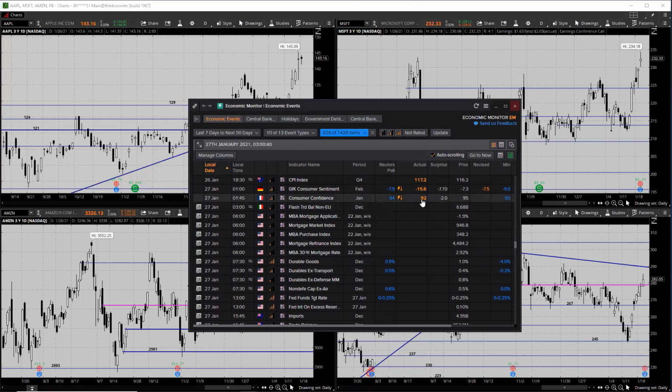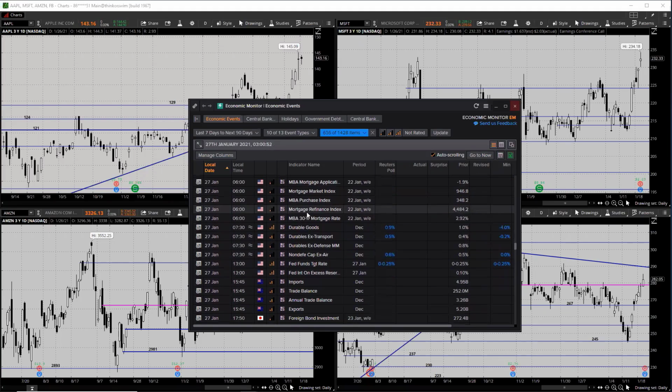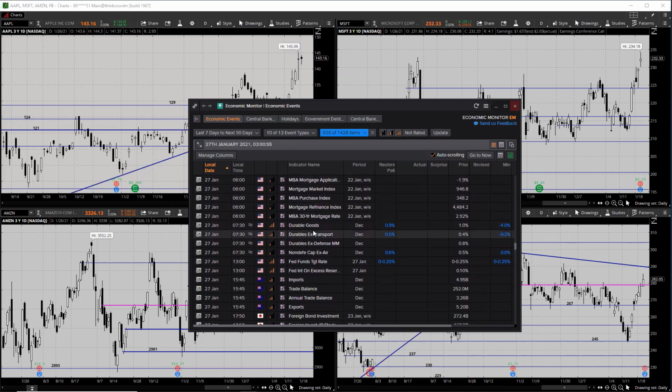French consumer confidence came in at 92 versus expectations of 94. There was supposed to be a flash trade balance non-EU out of Italy, but nothing. That's always like Italian numbers. Later this morning, we'll have durable goods here in the States, and then, of course, Fed funds, essentially FOMC this afternoon, which would be 1 p.m. Central Standard Time.